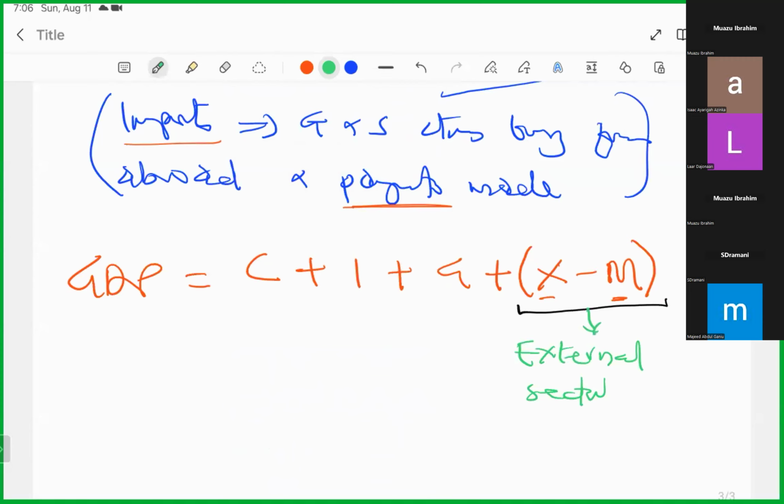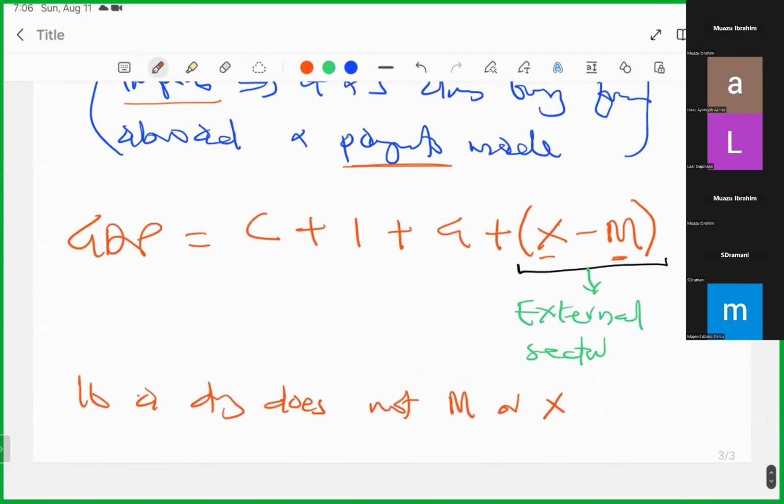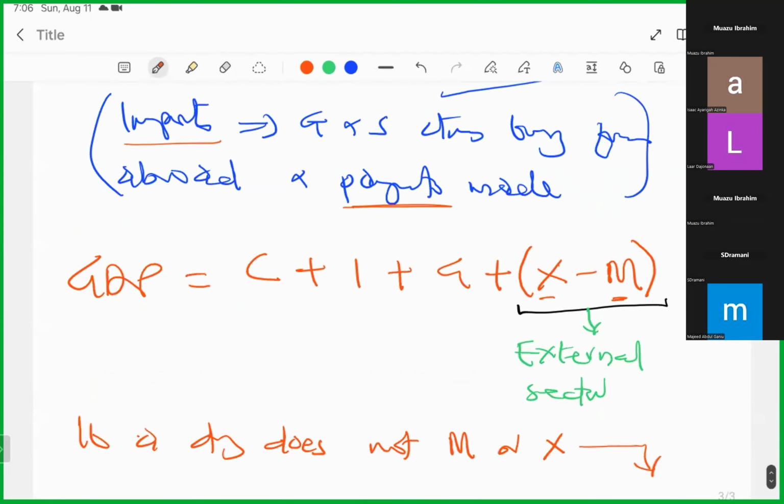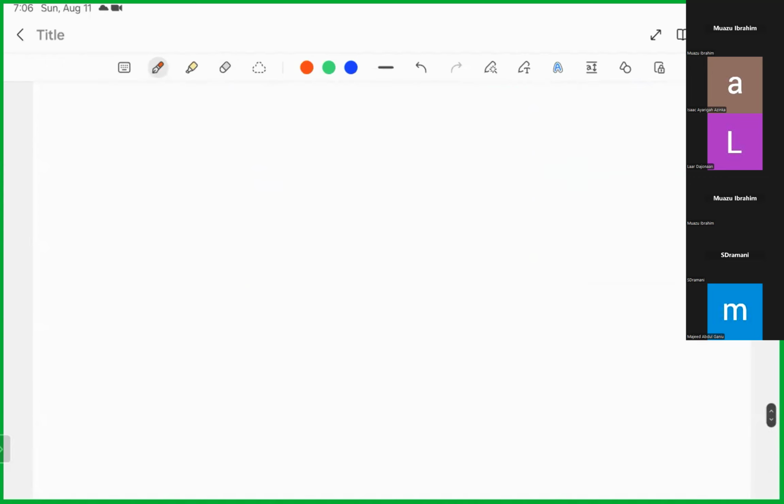Okay. So if a country does not import or export, what does that mean?